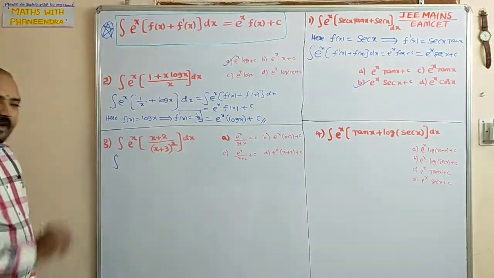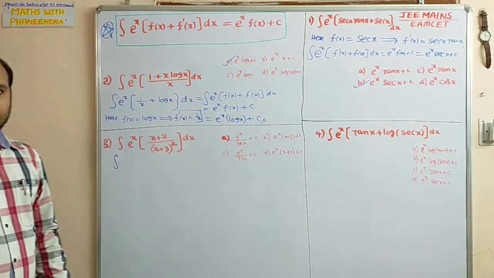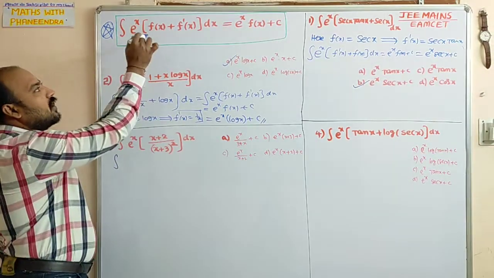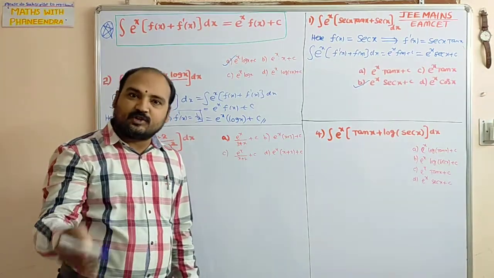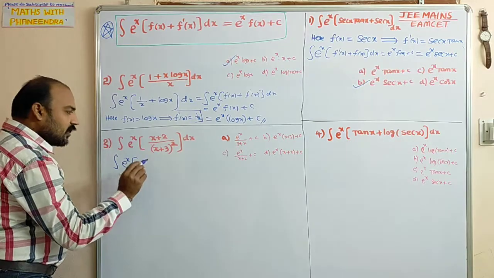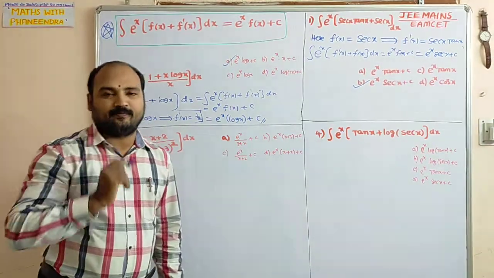Integral e power x into x plus 2 by x plus 3 whole square into dx. Here also we have to make it into this formula form: integral e power x into f of x plus f dash of x into dx. So x plus 2 is there in the numerator and the denominator is x plus 3 whole square.